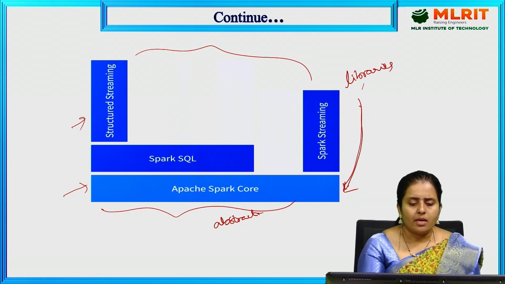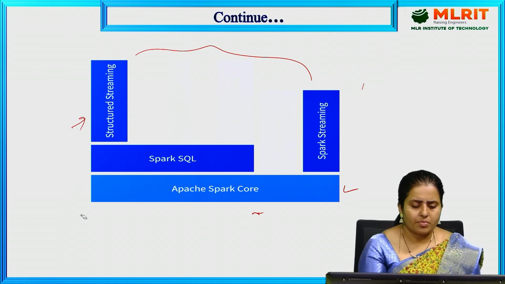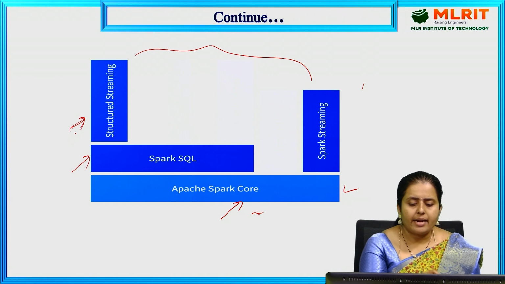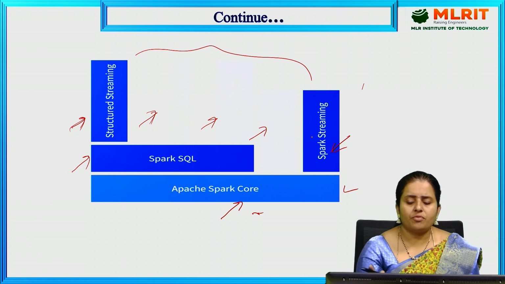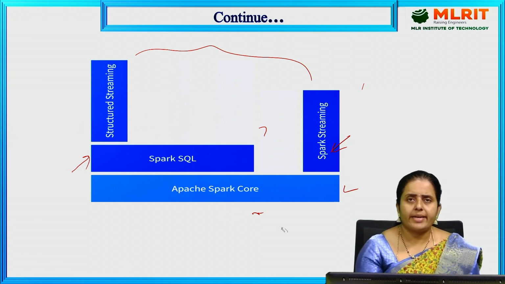In this diagram we can see there are 6 components: Spark Core is our first component, Spark SQL is the second, Structured Streaming is the third, then the DataFrame abstraction, GraphFrames, the Spark ML library, and Spark Streaming. All these are components of Spark. We'll go deep into them one by one.